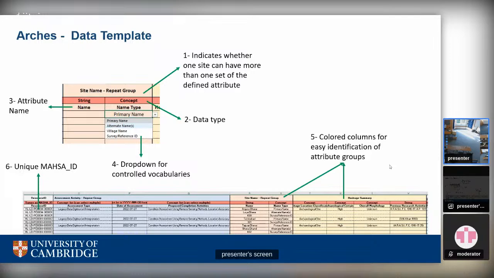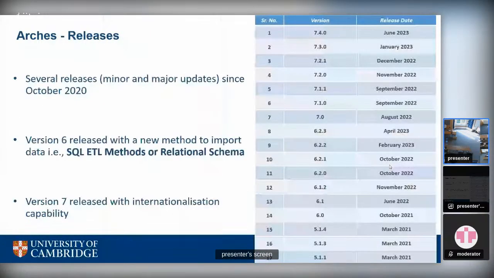But still, we could not totally get rid of this format, so we needed something more sophisticated to bring it into ArcGIS. And that's what we had been talking about with other Arcadia funded projects and the company responsible for development of ArcGIS. Since late 2020, there have been a number of releases, which can be seen over here.